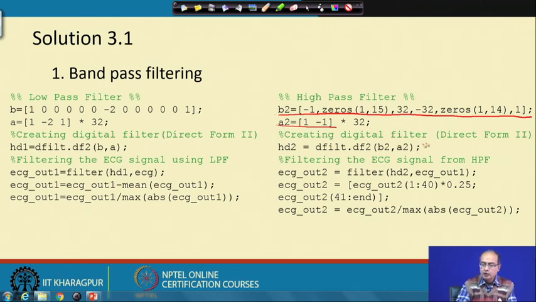Again we choose the direct form 2 structure here, and we get the high pass filter HD2. Next, the HD2 filter is applied on the output of the low pass filter using the command filter, and we get ECG out 2, which we can take as the output of the band pass filter consisting of the cascaded low pass and high pass filters.